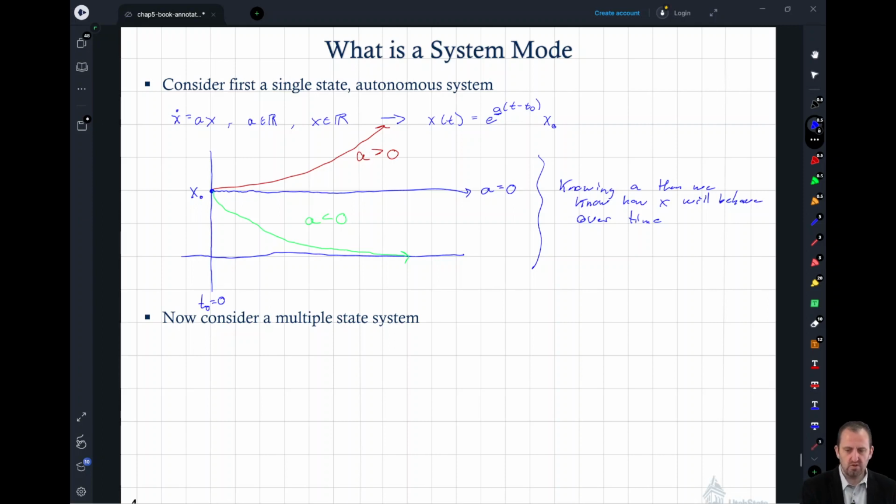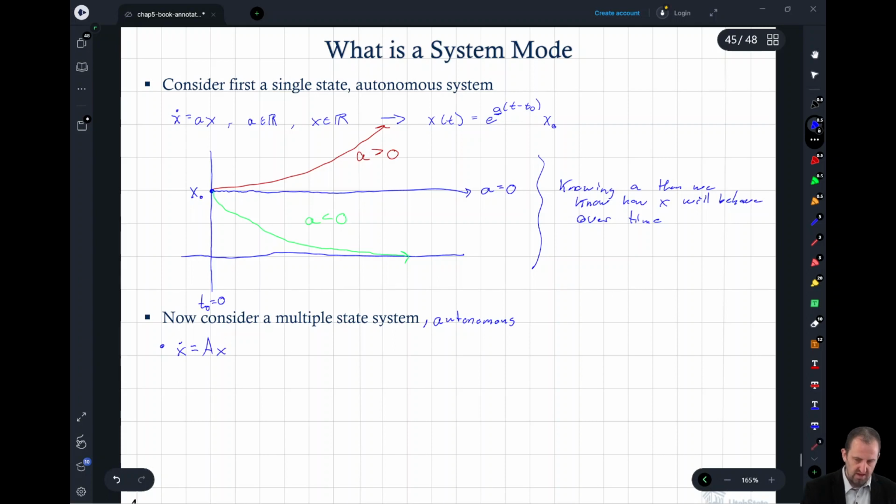Now let's do a multiple state system, and again it's going to be autonomous, meaning we have no control input. We can write down that x dot is equal to Ax, and now A is an n by n matrix, which means that x is also an n-dimensional vector.